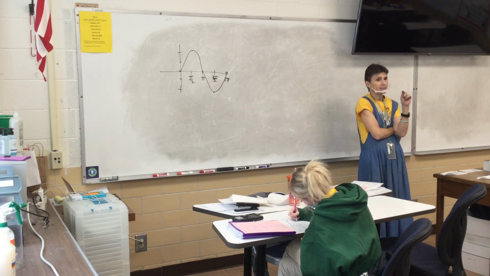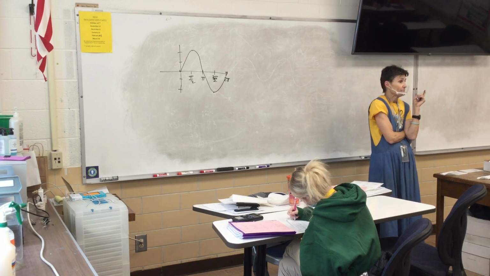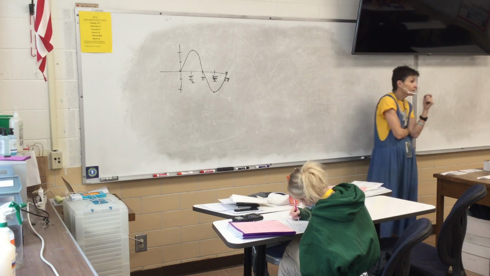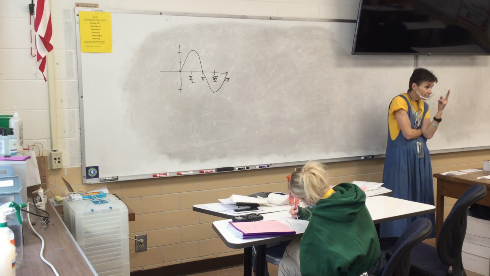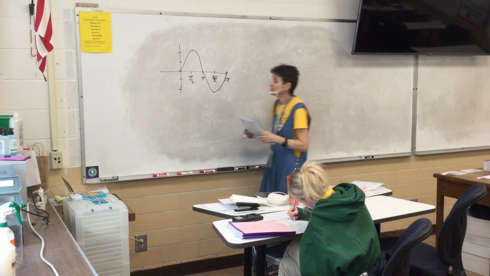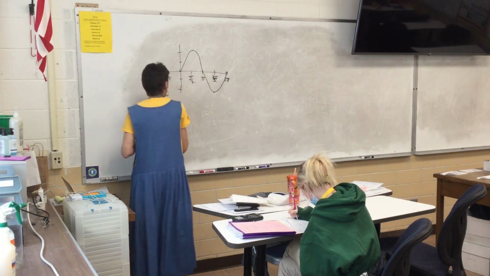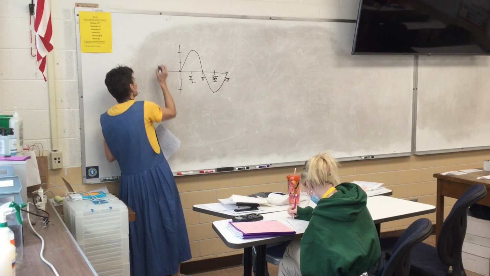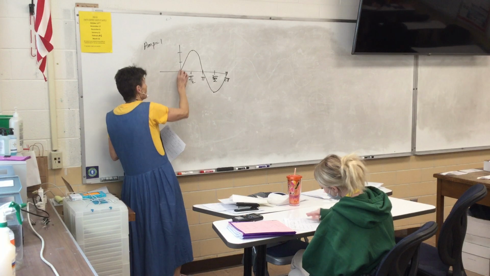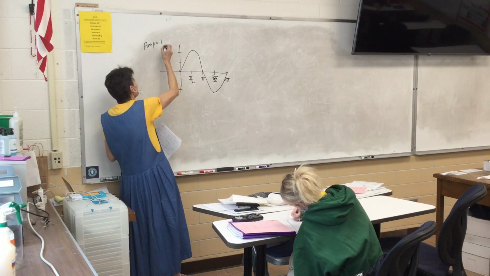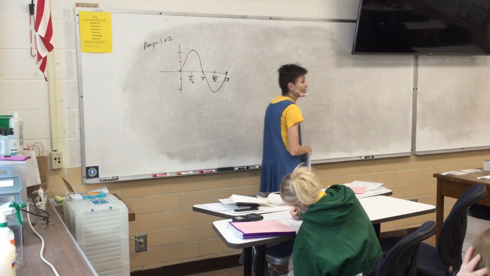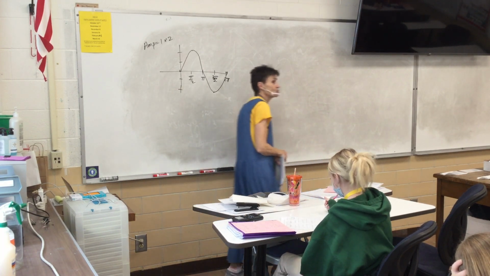Is the period still 2 pi? Yes, but now the amplitude is 2. The height of the waves is 2. Colin said it multiplies the y. Well, the amplitude of the original was 1. It went up 1 and down 1. This one is going to get times by 2, so its amplitude is 2.